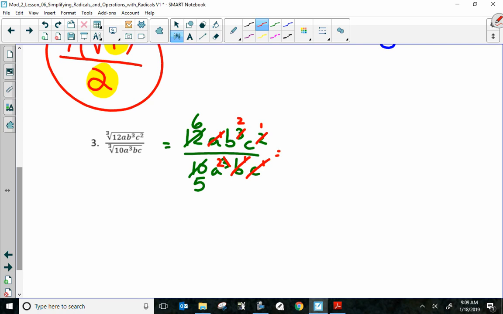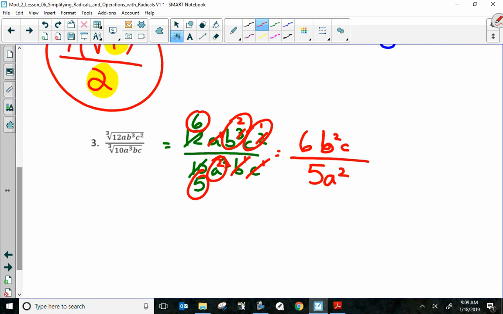So if I rewrite this, I have 6 b squared c on top, all over 5 a squared. Now, let's not forget, these originally were under cubed roots, so I'm going to keep them under cubed roots.